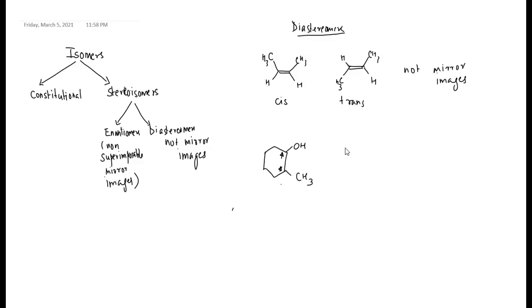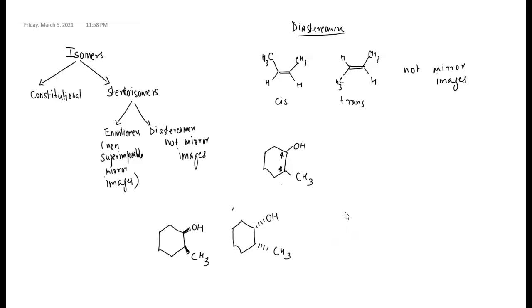So I'm going to draw this here. I can have the OH in one case pointing up and the CH3 also pointing up. If I draw the mirror image of this, what will it look like? I will have the OH pointing back and CH3 pointing back. So these are mirror images of each other.